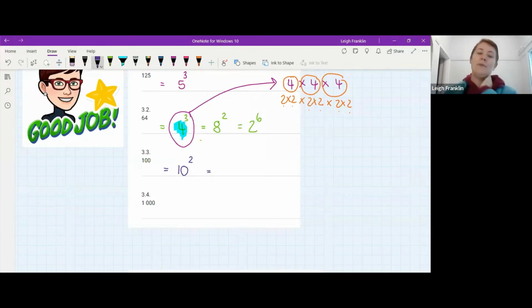Now, if somebody came along and said that you had to write 100 as a power using 2 and 5, what would we do then? Does anybody know? How else could I write 100 if I wasn't allowed to use 10? Lesedi, do you know?